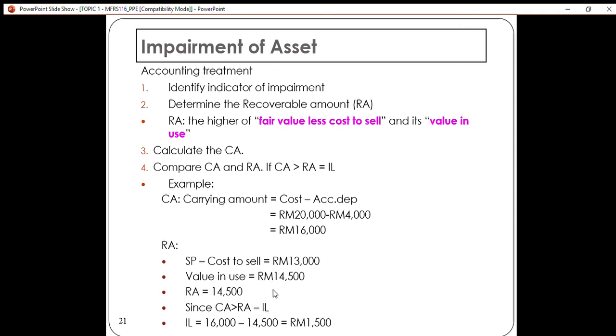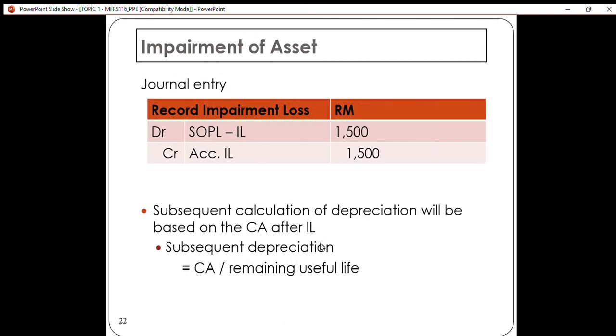Since the carrying amount exceeds the recoverable amount, there is an impairment loss here. The impairment loss is the difference between the higher amount and the lower amount, so the impairment loss is RM 1,500.